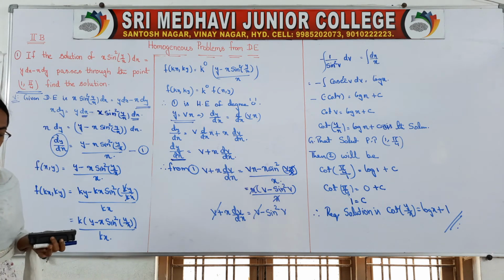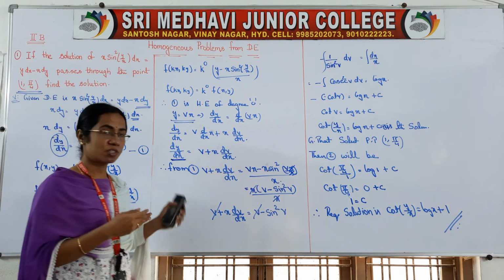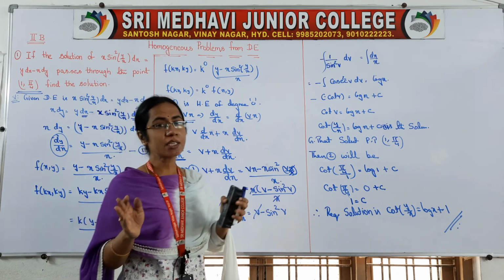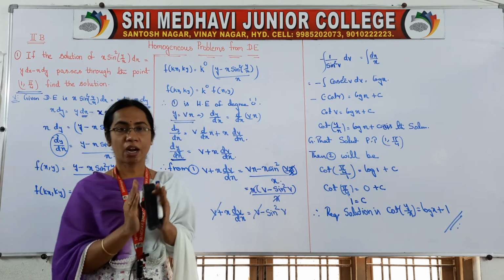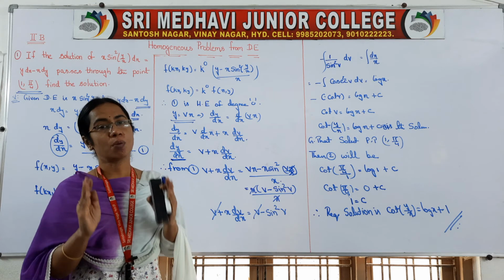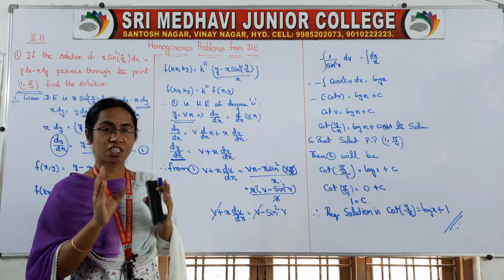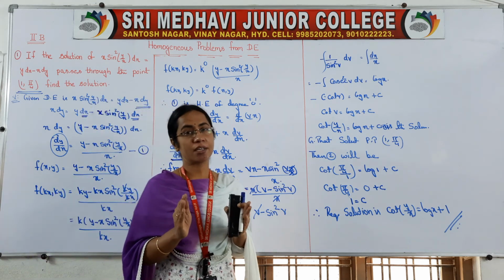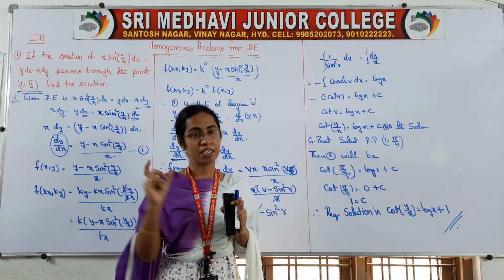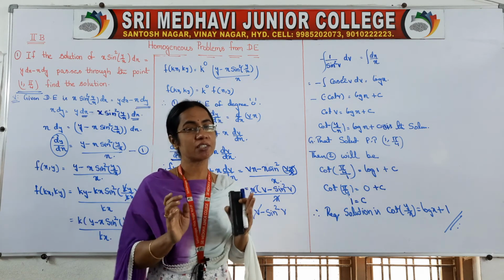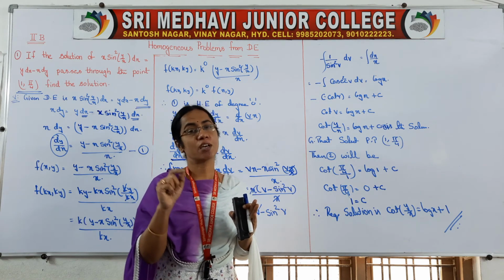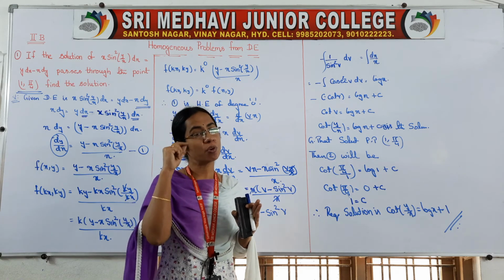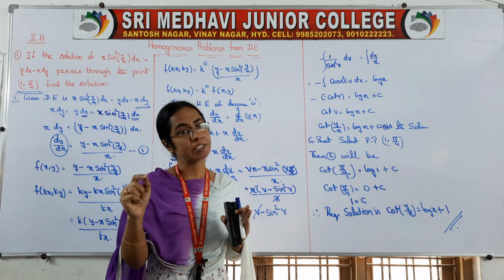What is the procedure? First, what is the first thing? In these homogeneous problems, we have to check whether the given function is homogeneous or not. For that, one condition it has to satisfy. What is that condition? f of kx comma ky is equal to k to the power of alpha into f of x comma y.